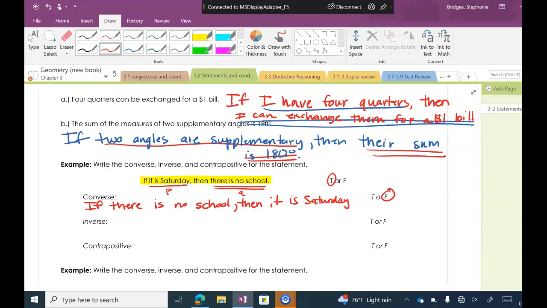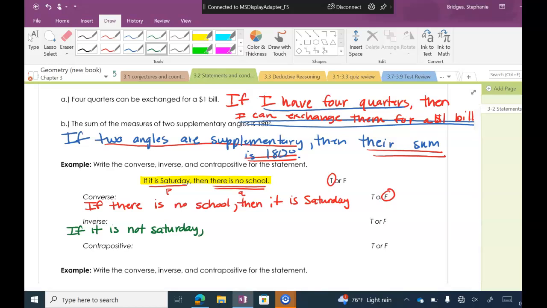Now we're going to write the inverse. Okay. So the inverse goes back to my original statement, and I negate both the hypothesis and the conclusion. So if not P, so let's talk about that. My hypothesis says it is Saturday. So to negate that, I would say it is not Saturday. So if it is not Saturday, then I negate the conclusion as well.